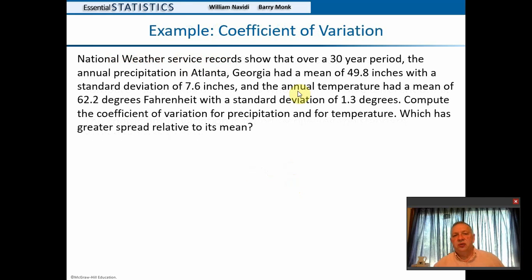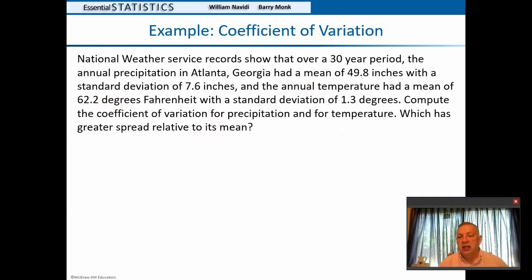So National Weather Service records show that over a 30-year period, the annual precipitation in Atlanta, Georgia had a mean of 49.8 inches with a standard deviation of 7.6 inches. And the annual temperature had a mean of 62.2 degrees Fahrenheit with a standard deviation of 1.3 degrees. We want to compute the coefficient of variation for precipitation and for temperature, and see which has a greater spread relative to its mean.